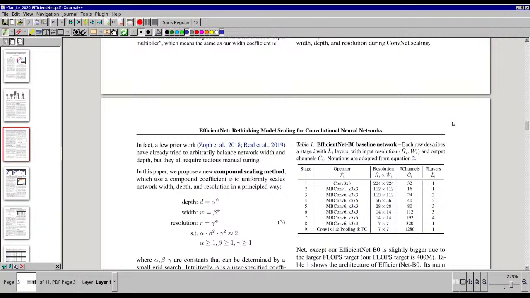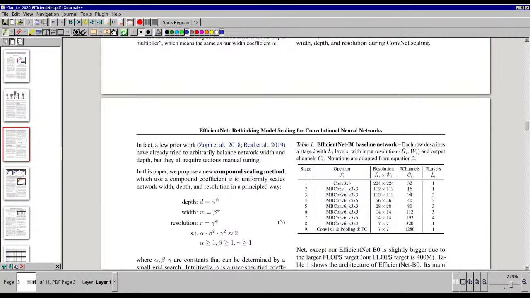What is MBConv? Run through that. Make sure that's MBConv first. So this is the repetition.